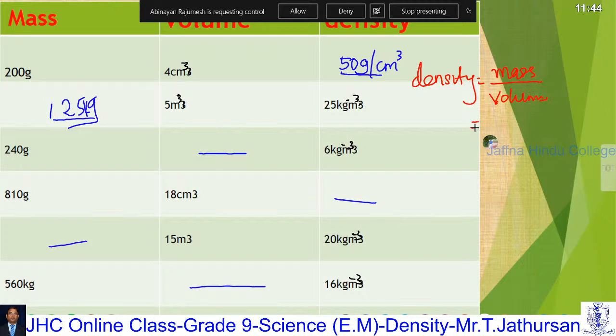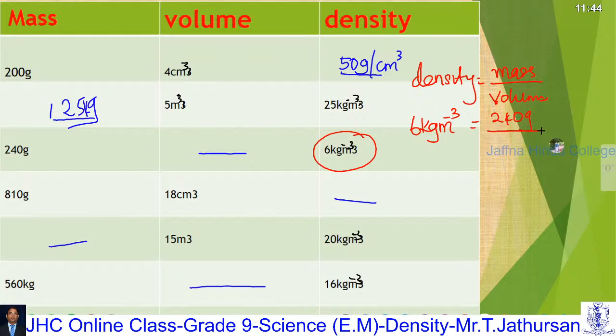Density is 6 kilogram meter minus 3, equal to mass 240 gram over volume V. Right.